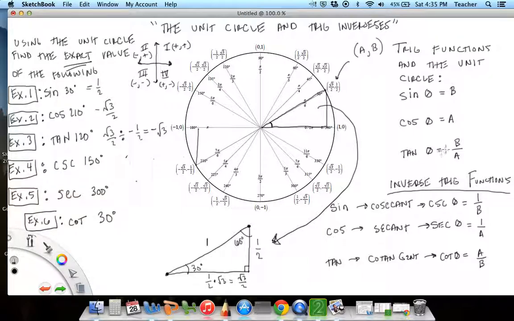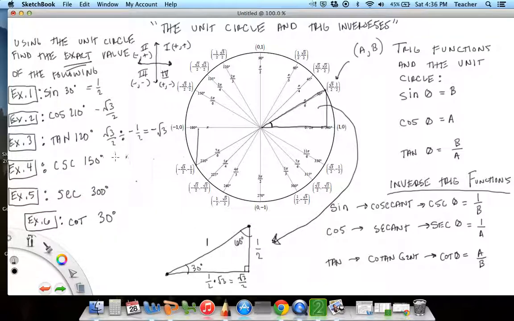All right, so what we have here is the cosecant, so CSC. I want to find the inverse of cosine at 150. What is 150? 150 is right here. The cosine is this function right here, so all I want to do is find the inverse of that. If I do that, I'm just going to flip it, and I'll show you what I mean by that.